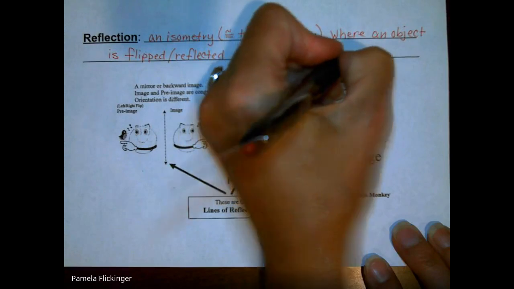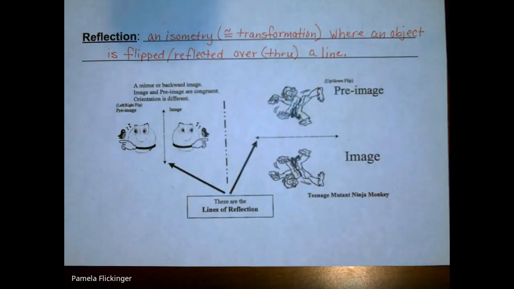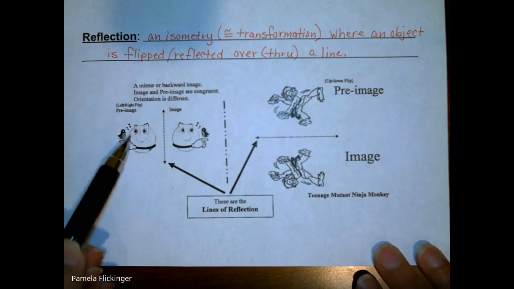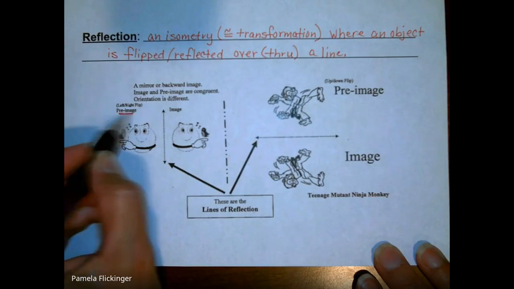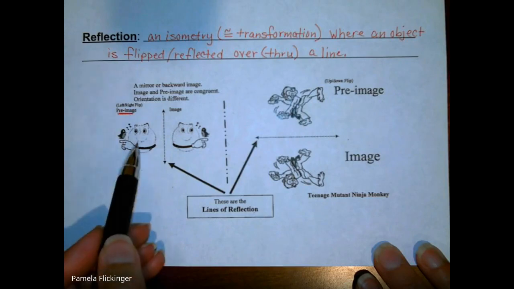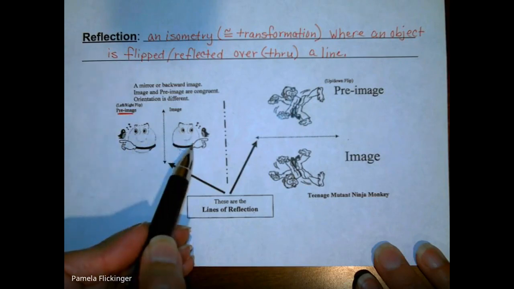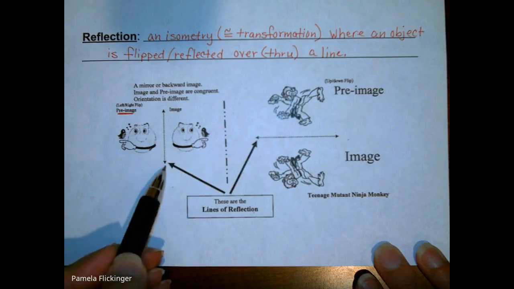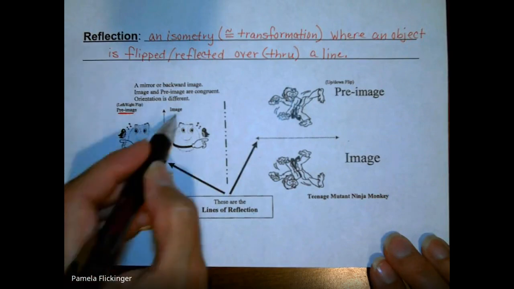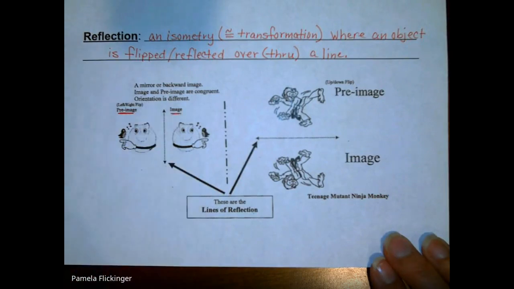And I kind of made up my own spelling for through. So an isometry, which is a congruent transformation where an object is flipped or reflected over or through a line. You can see on these pictures, we've got a pre-image here on the left, and then it was flipped over what we call a line of reflection. The line in which it flips over is your line of reflection, and then that creates the image.